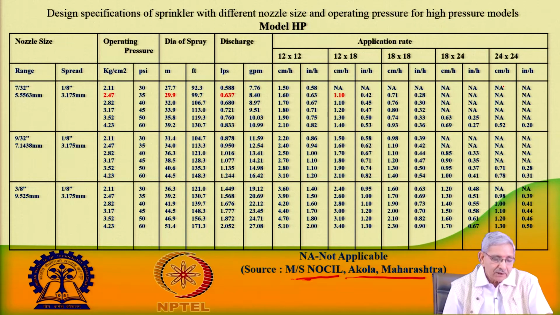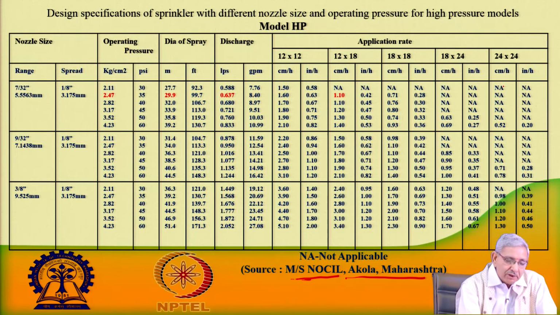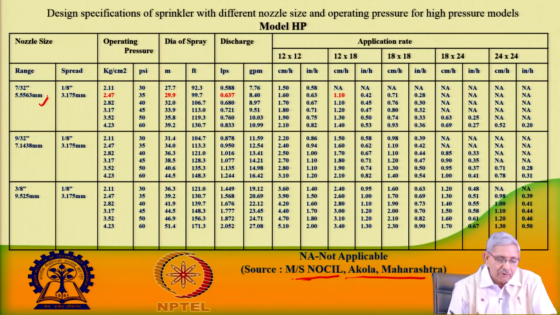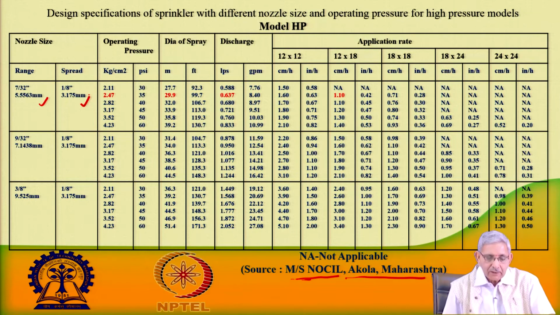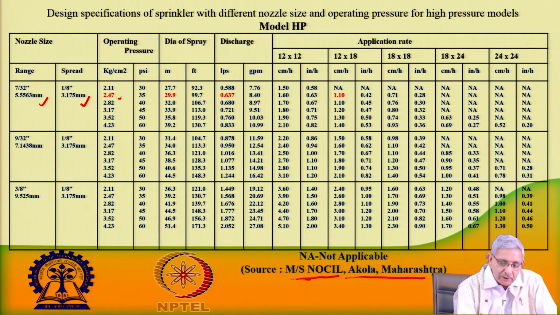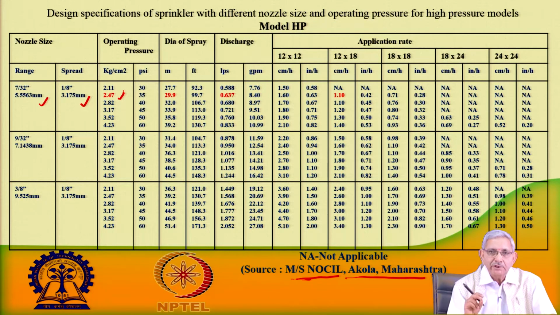So, in the problem we are given that we have a range nozzle of 5.5563 millimeter, spreader nozzle of 3.175 millimeter, and operating pressure of 2.5 kg per square centimeter. This is matching the required data, meaning the sprinkler requires 2.5 kg per square centimeter to deliver the discharge.